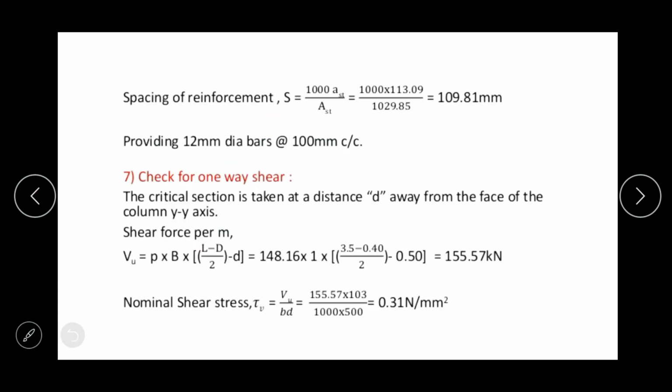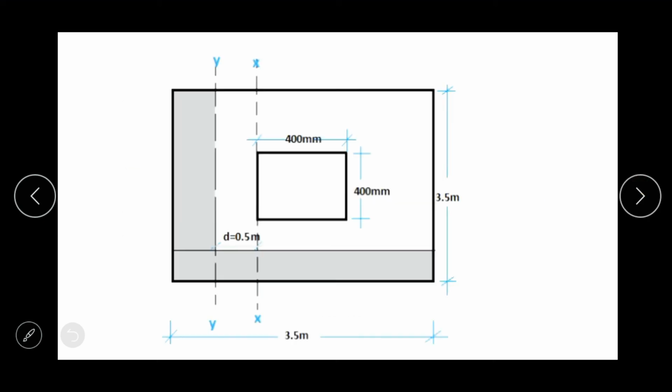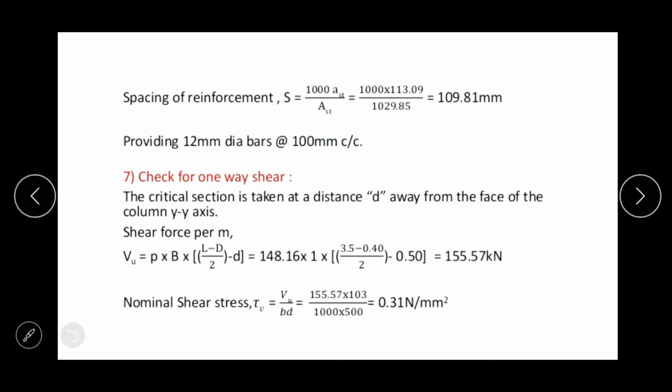So here we can calculate the shear force at the critical section by using this formula. I have already discussed this formula in my first video, so I request all of you to check my first video. Link is given in the description box.